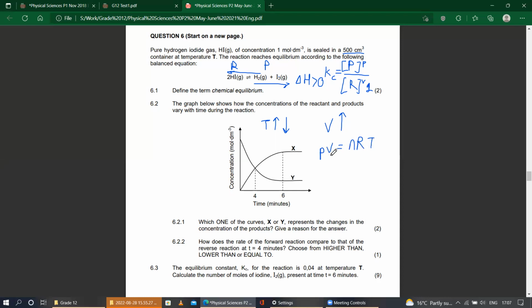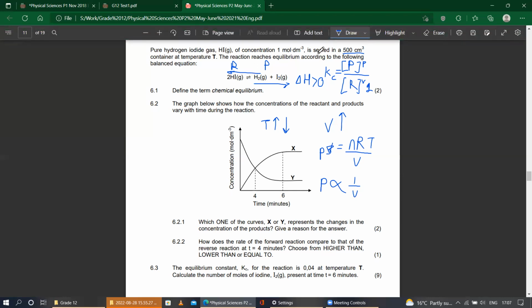Then in order to leave pressure alone, you're gonna divide by V. So in this case, we know that pressure is inversely proportional to the volume. You understand that? Yes, sir. So when the volume increases, the pressure is gonna decrease. And when it comes to pressure, that's where those coefficients come into play.